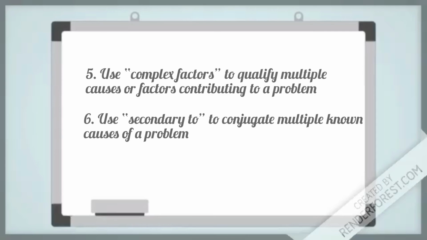No, you can't use that. Which one is getting related to which one? In that case, you're supposed to use the words secondary to, to connect the next cause. So the first one is going to be risk for decreased cardiac output related to reduced preload. And then when you want to add the second cause, you use secondary to myocardial infarction.